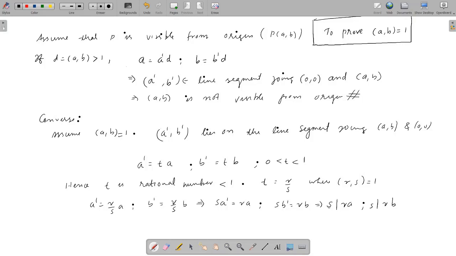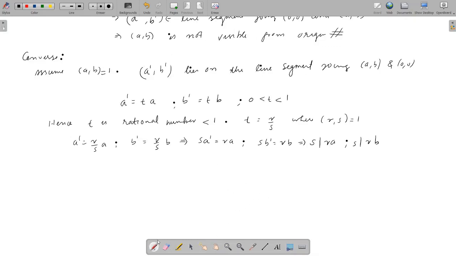But we know that GCD of S comma R is 1. So this implies S divides A and S divides B. So that implies S divides GCD of A comma B, which is equal to 1, so S equals 1. This is a contradiction. Why is it a contradiction?